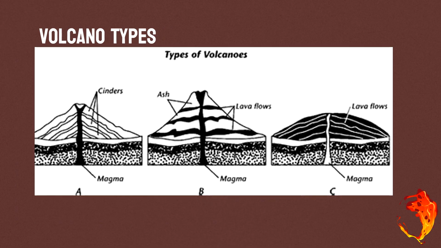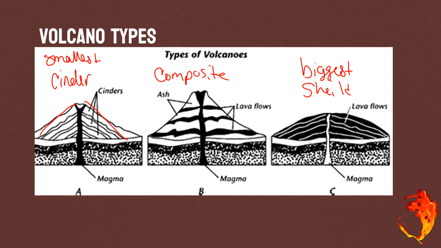Okay, volcano types. There are three main types of volcanoes. There are other ways that you can classify these, but they are the cinder volcano, which has normally pretty even sides, but they're pretty steep.